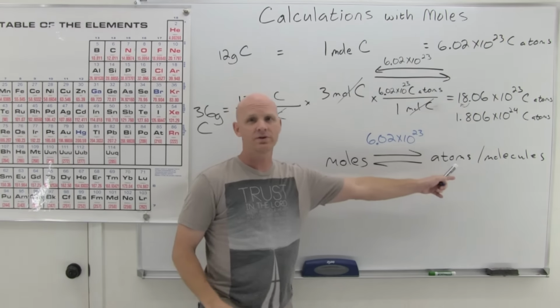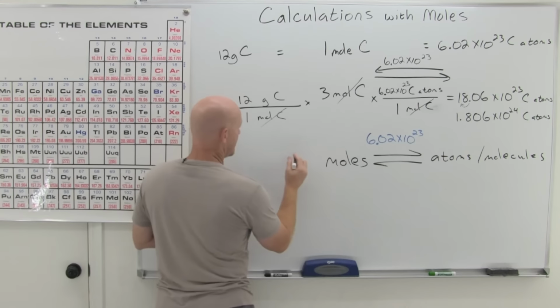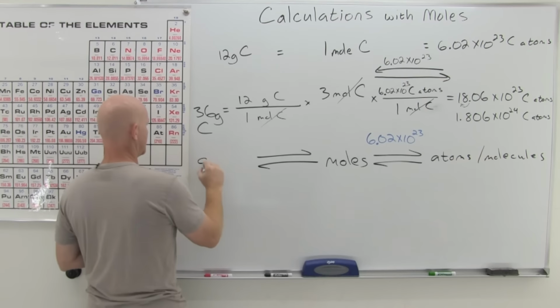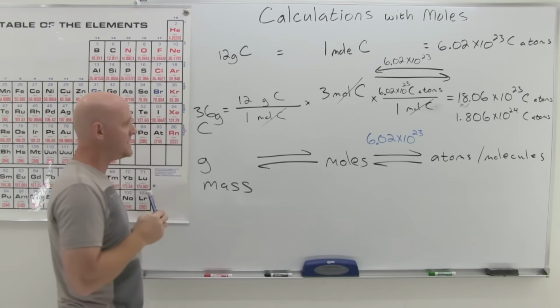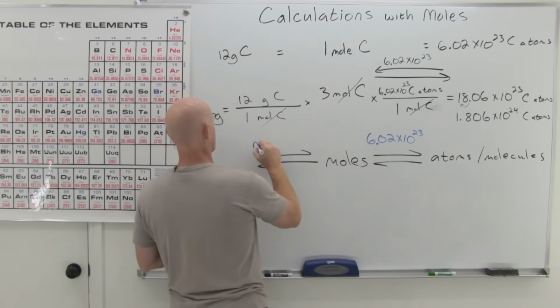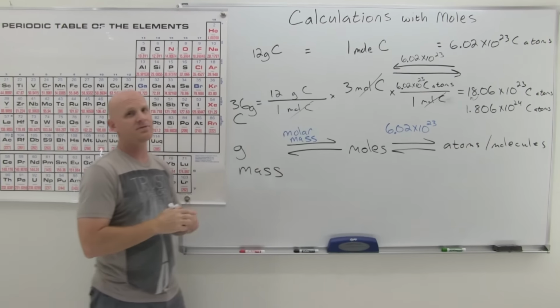Are you going from moles to atoms or atoms or molecules back to moles? And then there's also going to be a connection between moles and grams, or I guess I could just write mass. And that connection between moles and grams is always going to be through the molar mass. And that molar mass comes right off the periodic table.